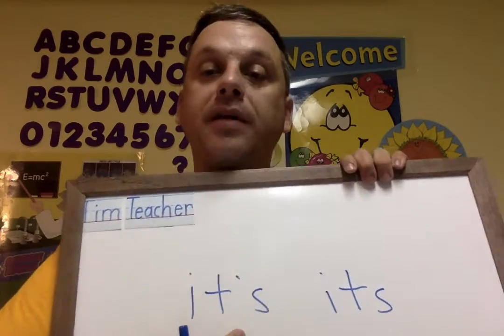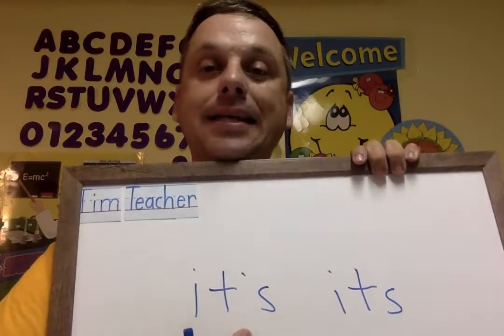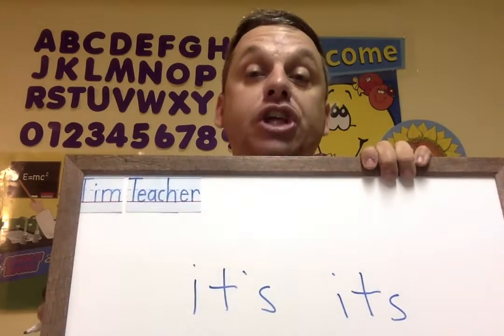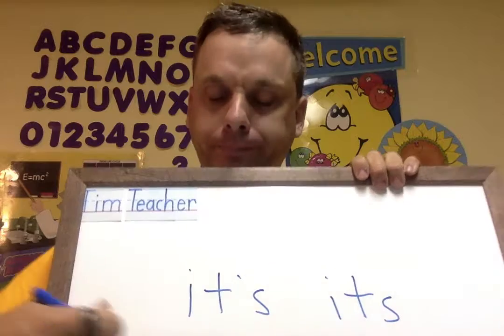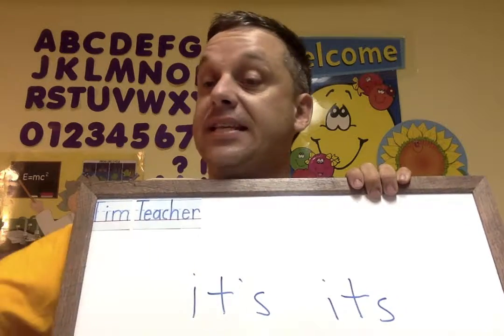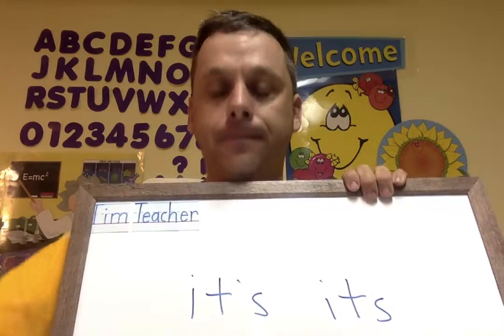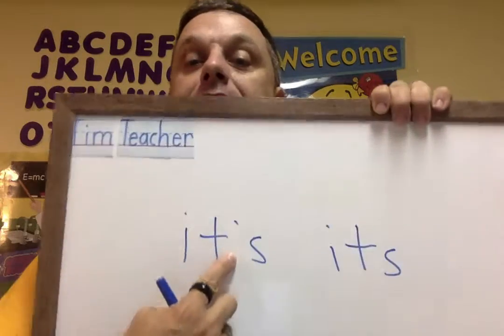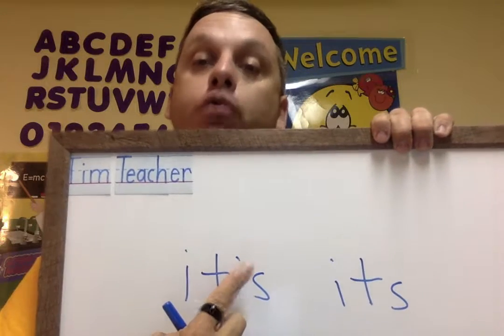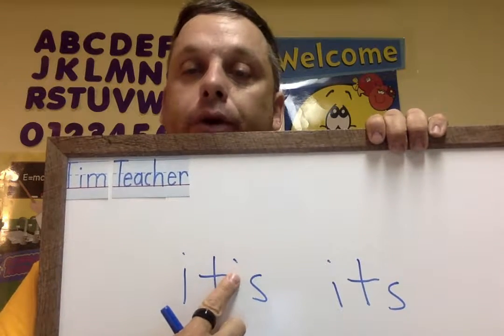Because if I'm talking about my dog and I call my dog it, I don't usually do that. I usually call my dog he or she, once I find out. But if I say that is it's toy, it looks like I might want to say this, because it looks like the apostrophe here is telling me ownership, that it's the dog's toy.